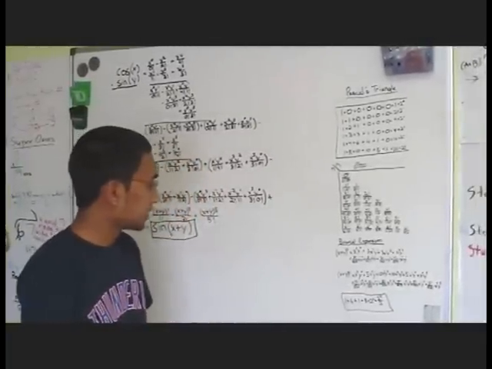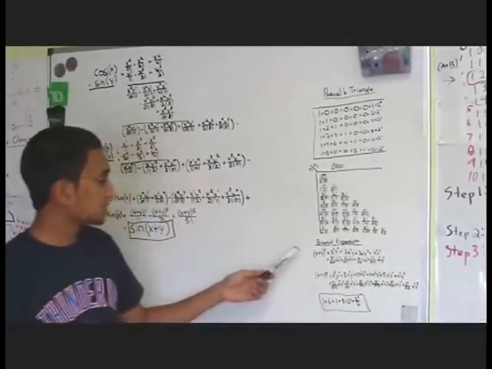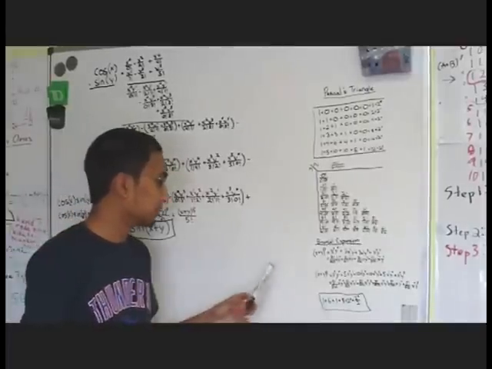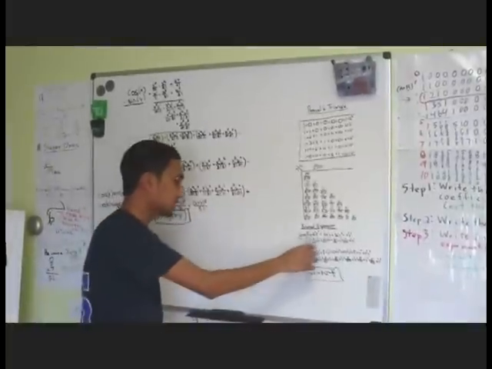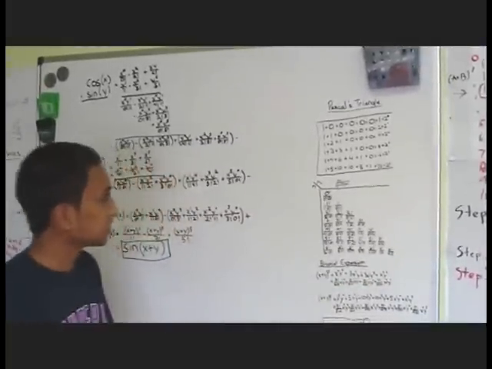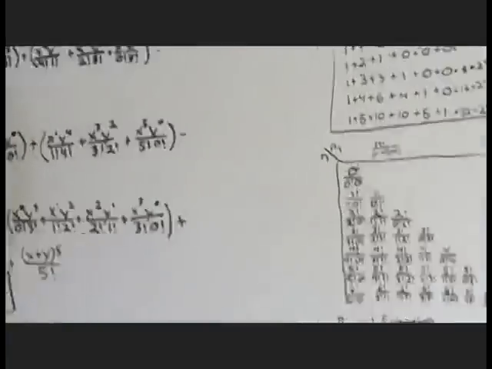And using binomial expansion, we can see that x plus y to the third, using Pascal's triangle with integers, is equal to this form. And replacing those integers with factorials, we can see that it is equal to this form.